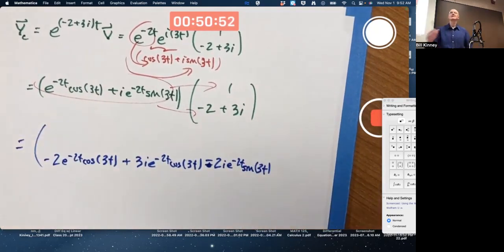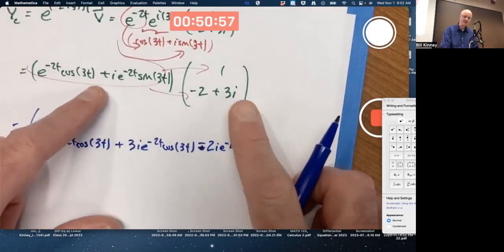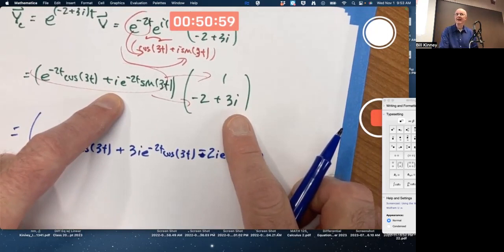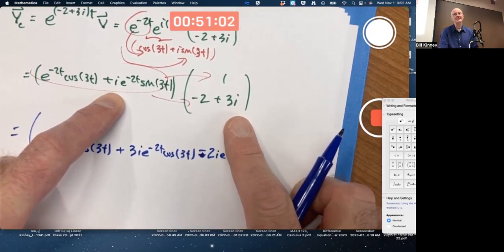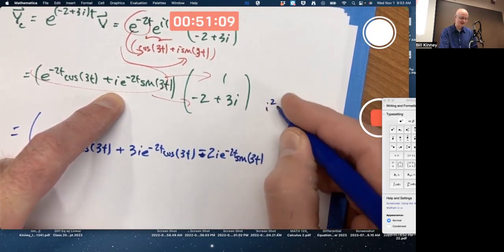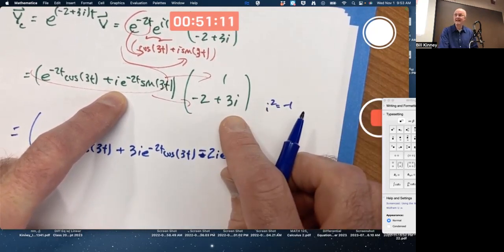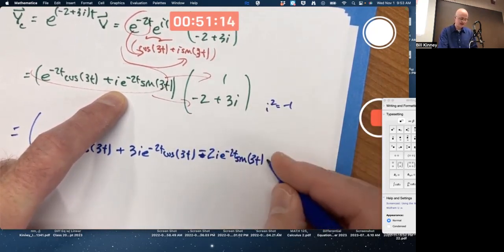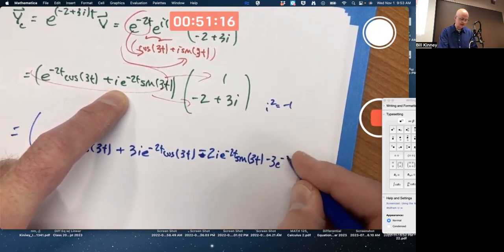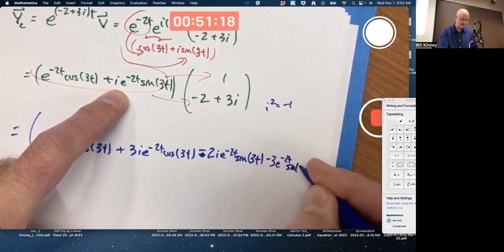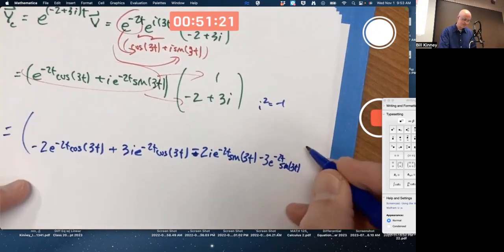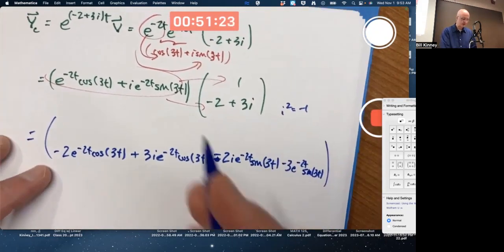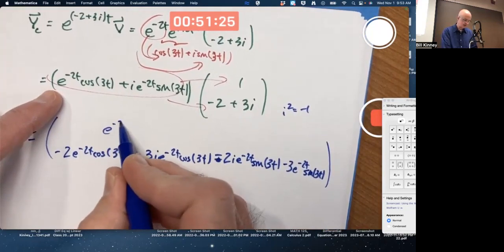Oh, something kind of magical happens with last times last. You end up with an i squared in there. Anytime you see an i squared, put a smile on your face, replace it with a negative 1. i squared equals negative 1. So we get 3i squared is negative 3, minus 3 e to the negative 2t sin 3t. That's the second component. The first one is the same thing here.